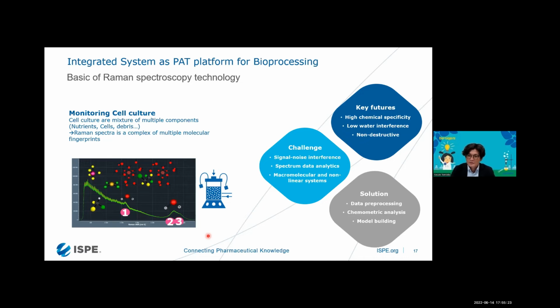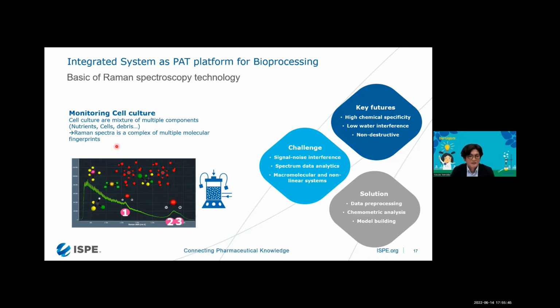So in terms of the implementation of Raman technology in upstream bioprocessing, as you know, upstream bioprocessing means the cell culture, but the cell culture is a mixture of multiple components, such as nutrients from the cell culture media, the cells, and the debris from dead cells.